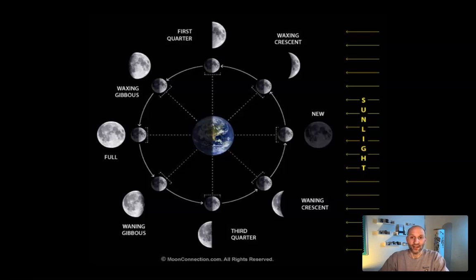Notice how the shadow side on the right gets larger and larger until the moon returns to that new moon phase. And then the process starts again, starting with the new moon, going to waxing crescent, first quarter, waxing gibbous, and then full moon. Back to a new moon by going through waning gibbous, third quarter, and waning crescent.